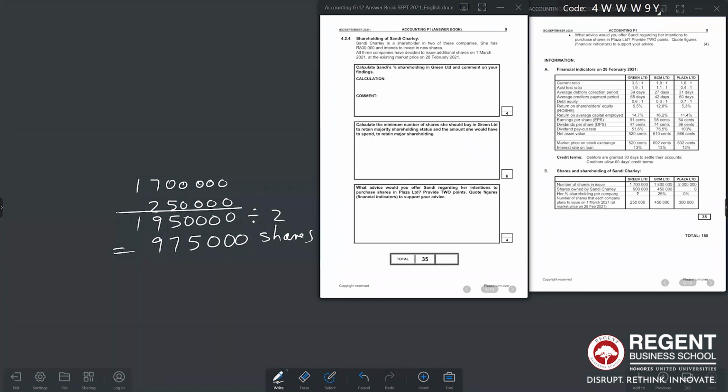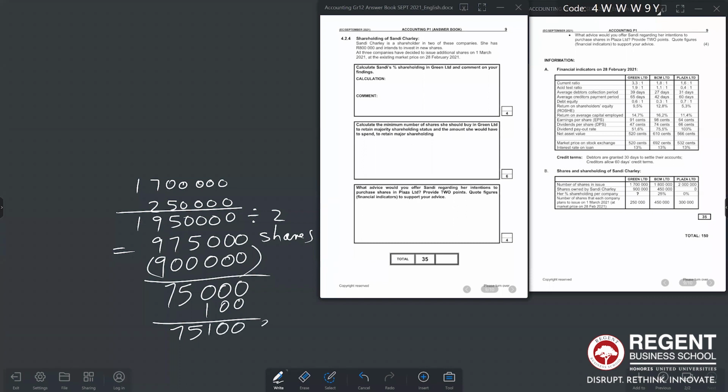So she already owns 900,000. If she is owning 900,000, she needs to get another 75,000 to give her 50%. But I told you, you need one more share, or you can buy shares in batches of 100. Let's say she buys another extra 100. So she needs to buy 75,100 shares.